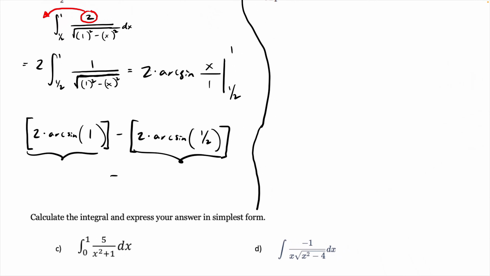What's the difference between if I say sine of something versus arc sine of something? Something's flipped. What is flipped?